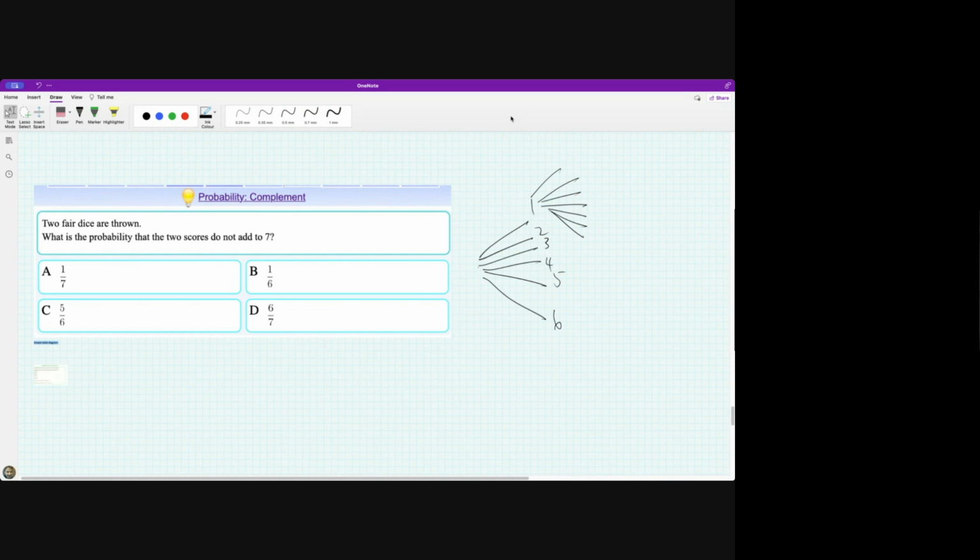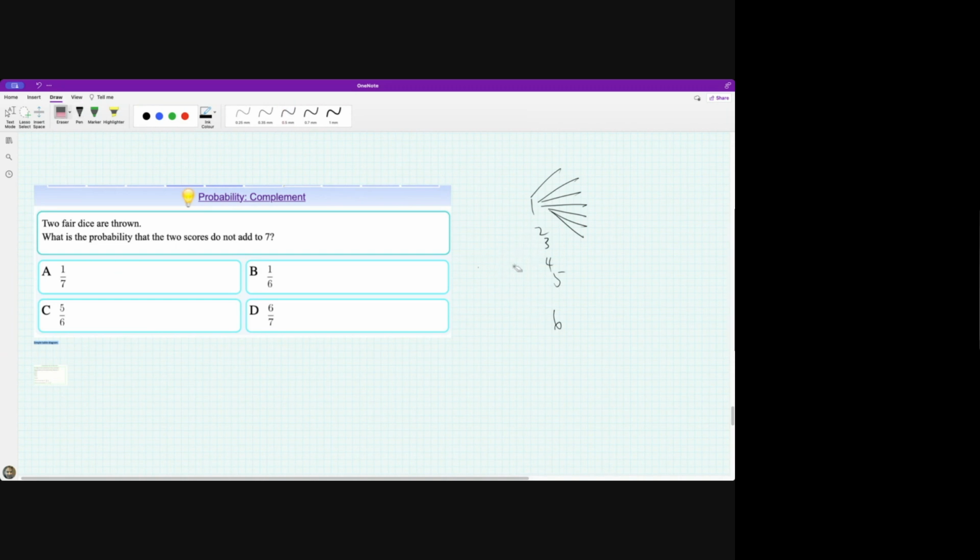So sometimes using a tree diagram is a good idea, but sometimes it's better to use other tools. And I think the real problem I have here is that it's going to get too complicated too quickly. Like if I have 6 options here and 6 options there, I'm going to have 36 options, and my tree is going to take me half the exam to draw.